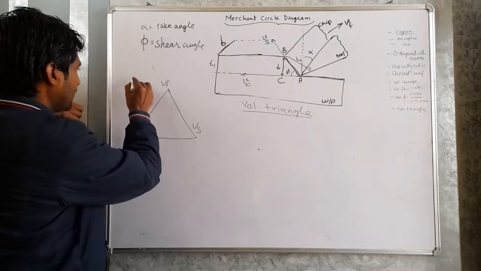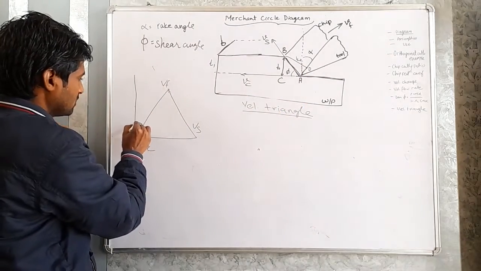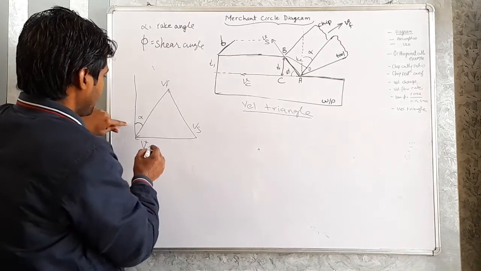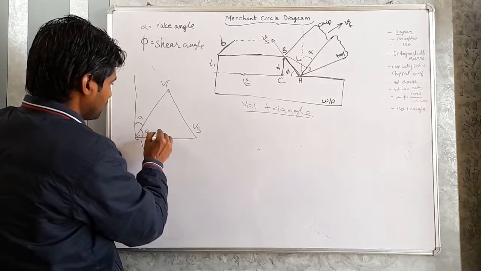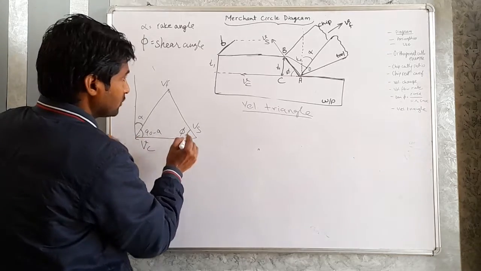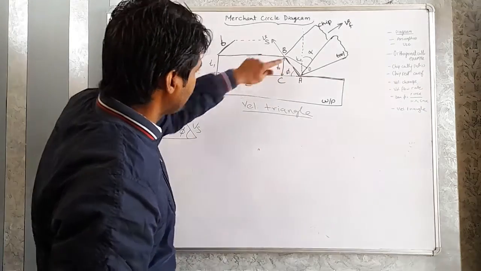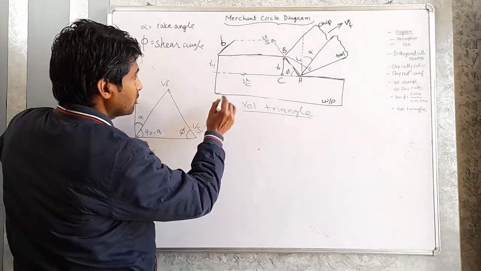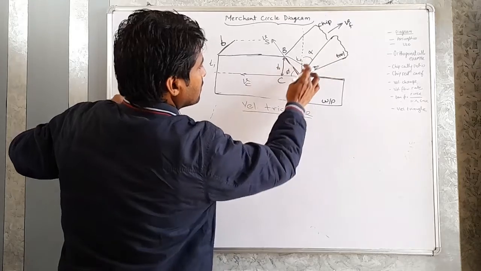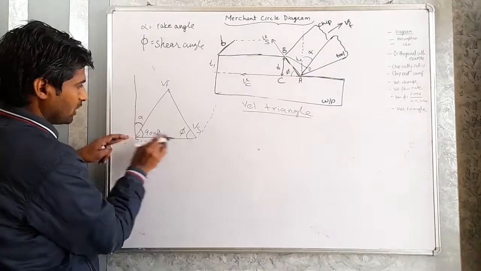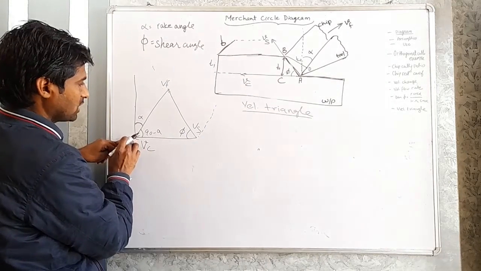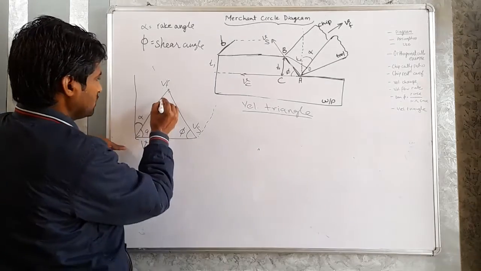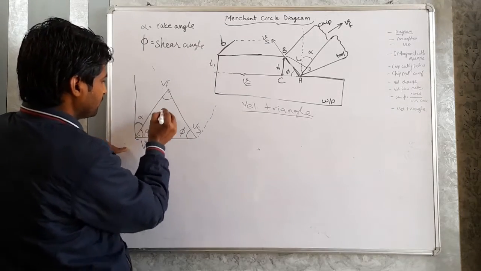Vf is making an angle alpha with the perpendicular or vertical line, so this one will be 90 minus alpha. This is phi; the shear plane is making an angle phi with the horizontal. In place of this Vf, because here it is shown at this face, we have drawn it at this side.